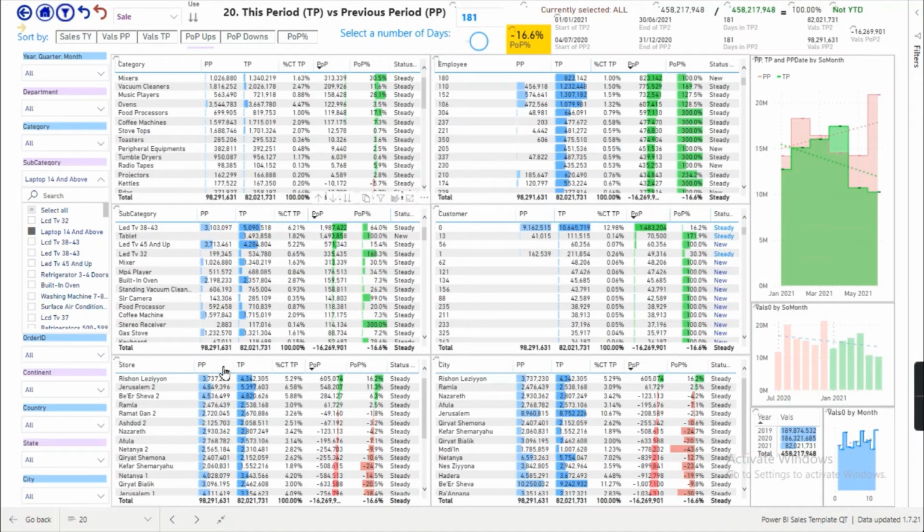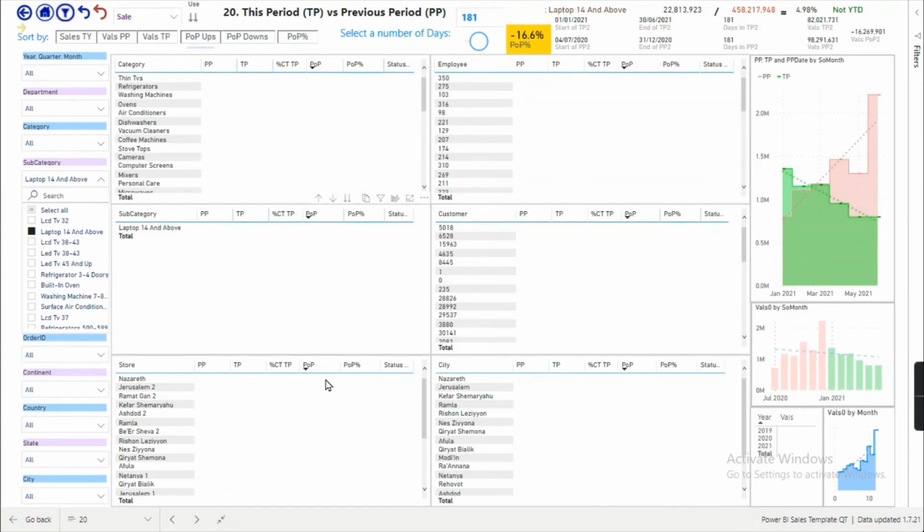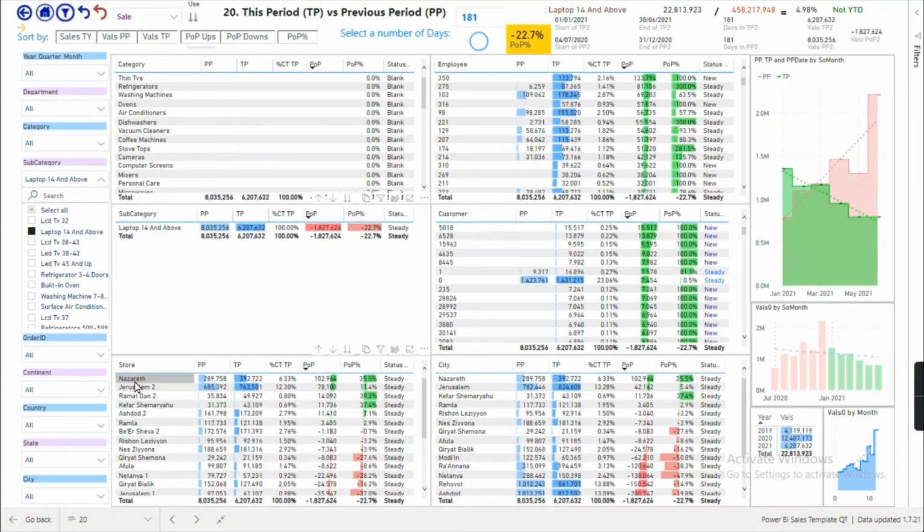Laptop 14 up, who is doing good? Let's see. Natzrat and Jerusalem 2. So plus 35%. That's nice. Let's see Natzrat.